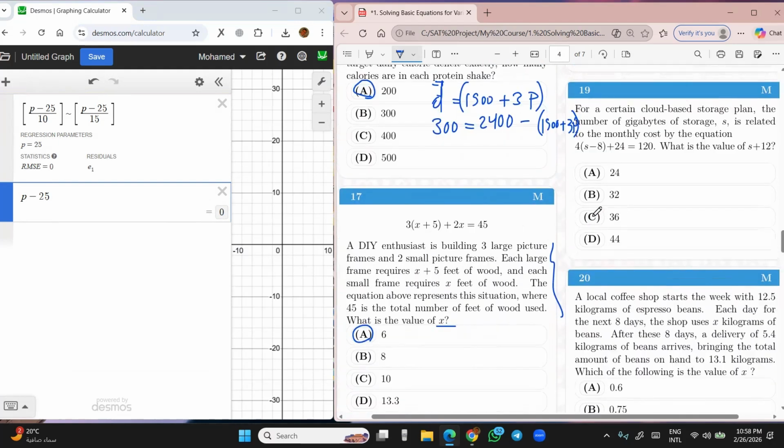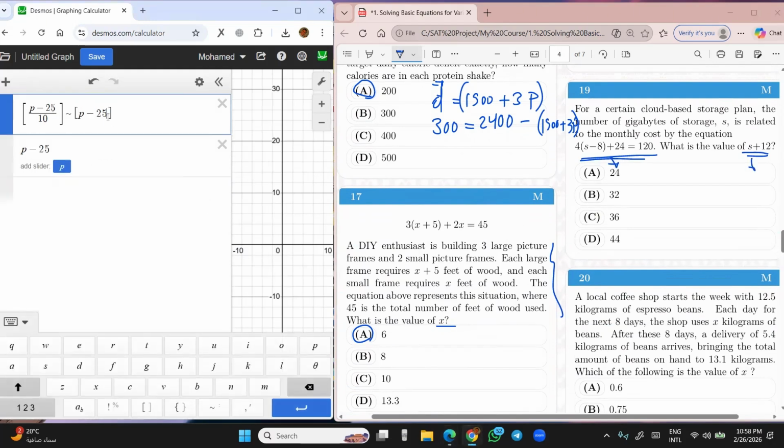Question number 19. For a certain cloud-based storage plan, the number of gigabytes of storage S is related to the monthly cost by the equation. As you can see here, what is the value of S plus 12? You just write this on Desmos, and this is another line on Desmos.